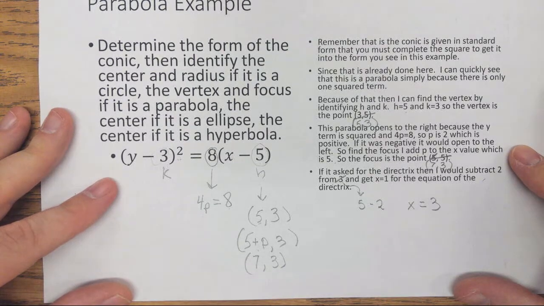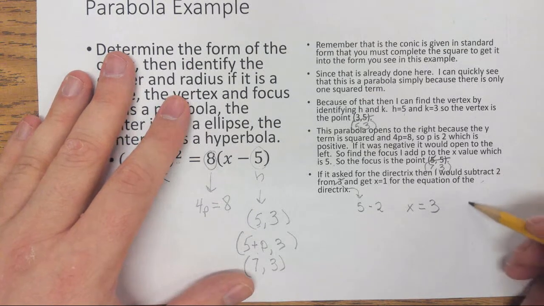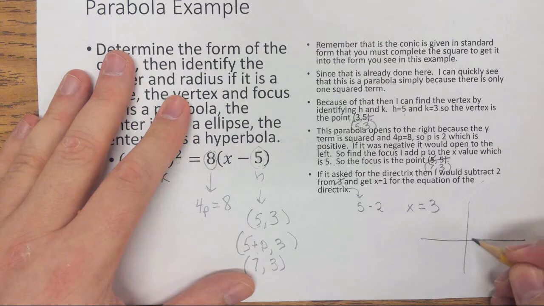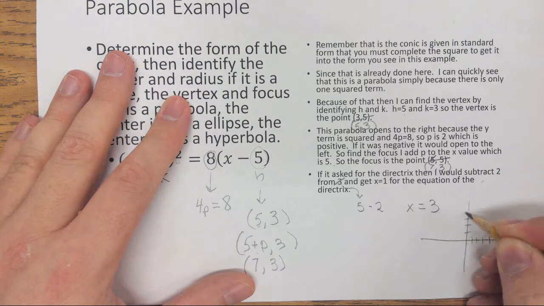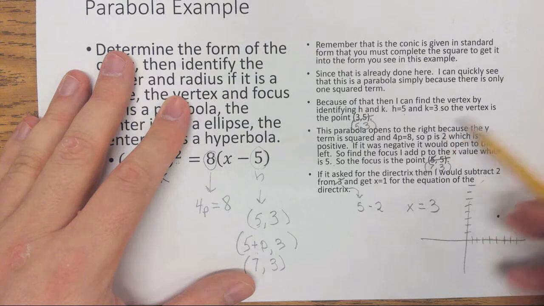So I can use all that information to graph this just by putting all those points on a grid. So I know that 1, 2, 3, 4, 5, 6, 7, 8. I can get a rough sketch here. There's my vertex. I know this thing's opening to the right.